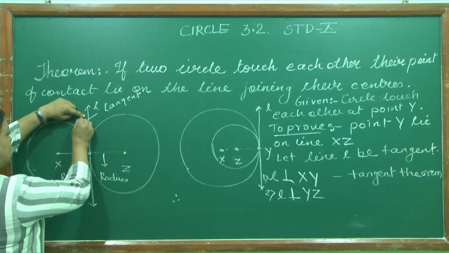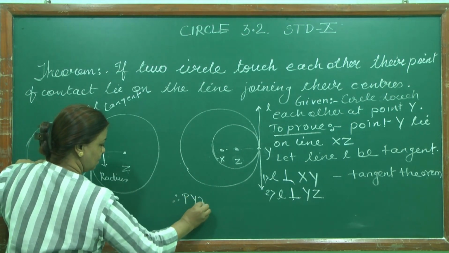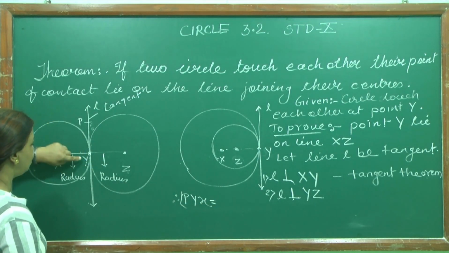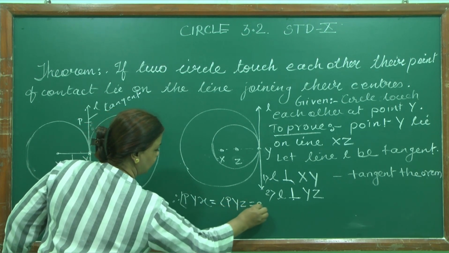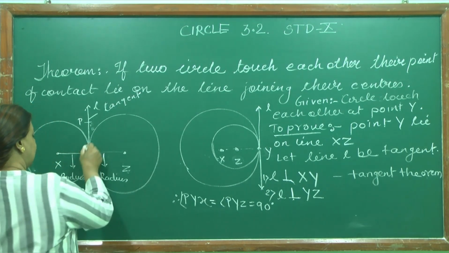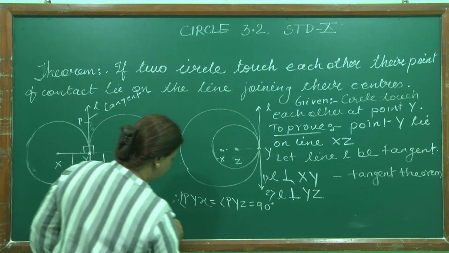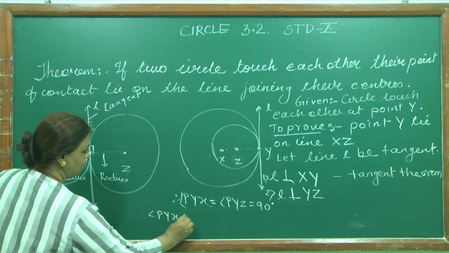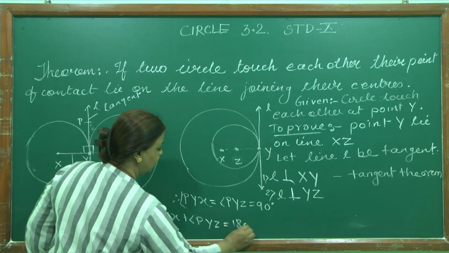Let me write here P. Angle PYX is equal to angle PYZ, 90 degrees. So if this is 90, this is 90. If I add both the angles, angle PYX plus angle PYZ is going to be 180 degrees.